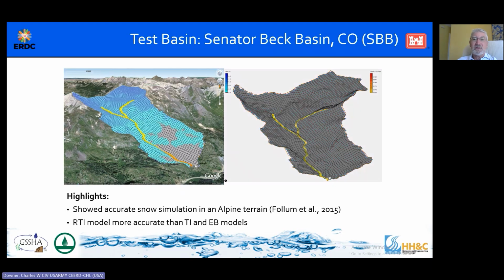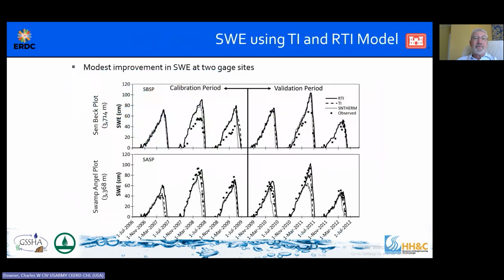There were two different SWE gauges at the site, and we tried all our different methods: the RTI method in the black, the TI method in the heavy dash line, the SnowTherm model, if you're familiar, which is considered the cutting edge snow model, and then our actual measured SWE data in the dots.